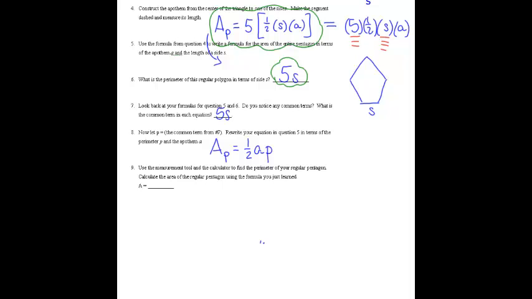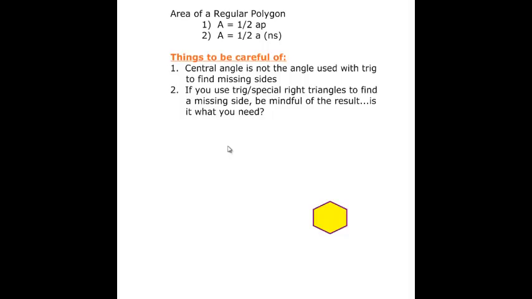Now you need to keep in mind a couple of different things regarding this formula. The formula is 1/2 AP, that's primarily what we're going to use, but it essentially represents 1/2 A, which is my apothem or my altitude or my height, times the number of sides and the length of each side, which is basically the perimeter. Now the things you really have to be careful of. This opens up a door to all kinds of problems, and let me show you.